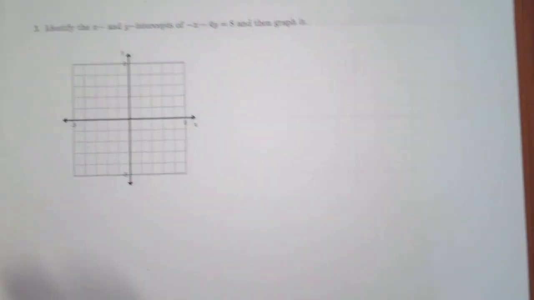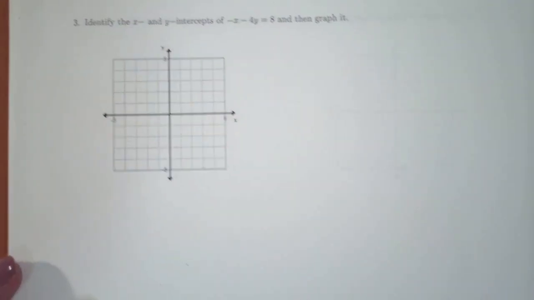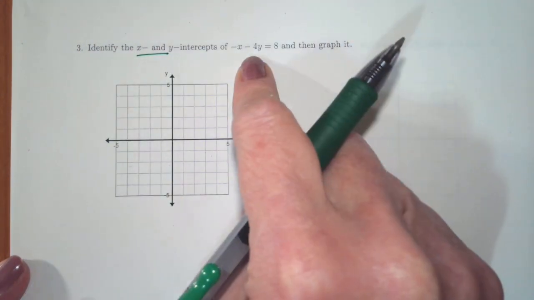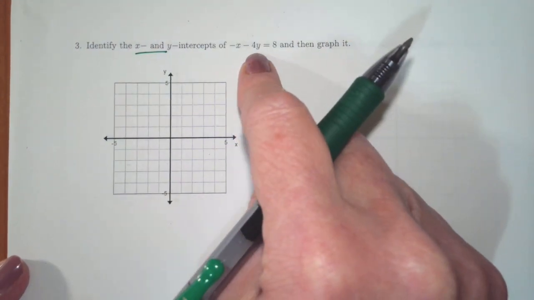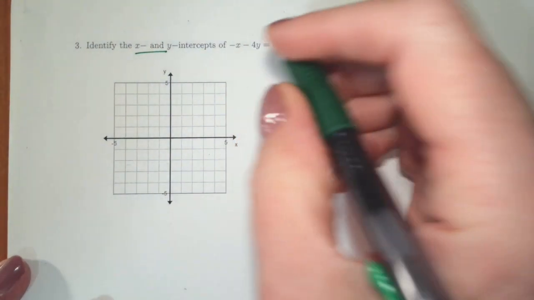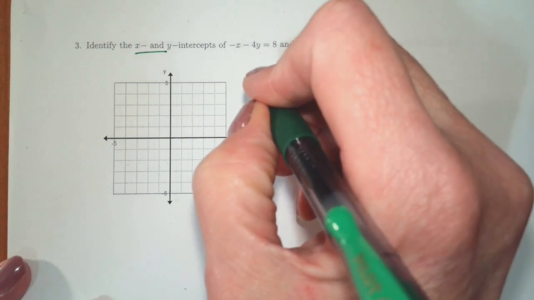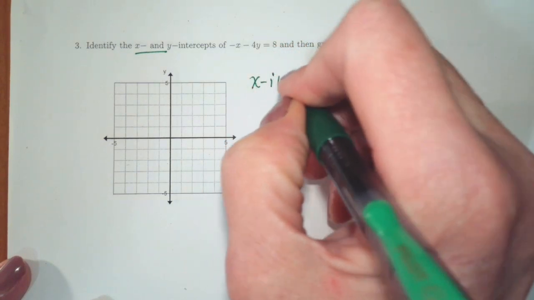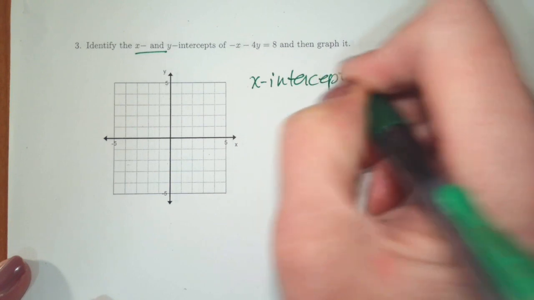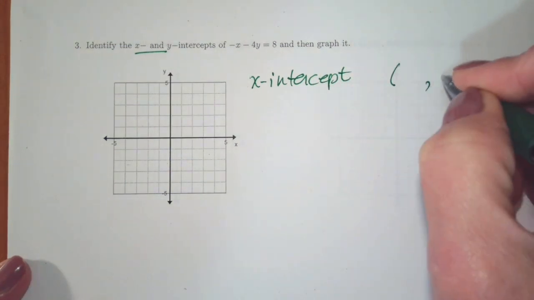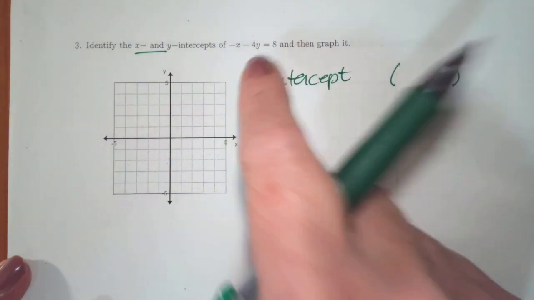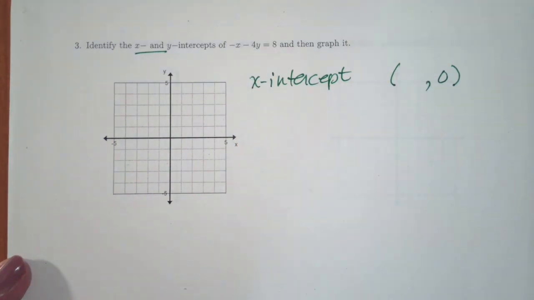Okay. Number 3, identify the x and y intercepts and graph it. Again, same thing. This equation has both variables, so I know I'm going to have a line. All right, so for the x-intercept, again, I know it's going to have an x-coordinate and the y-coordinate is 0, which means I'm going to replace y with 0.